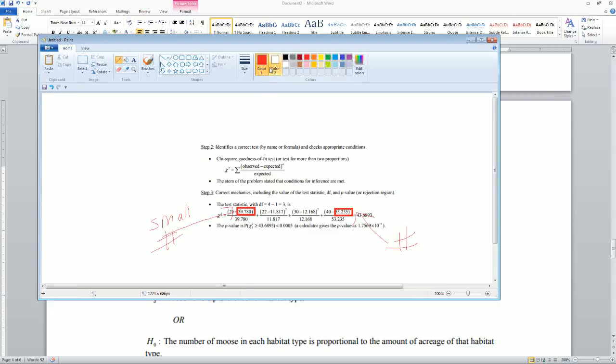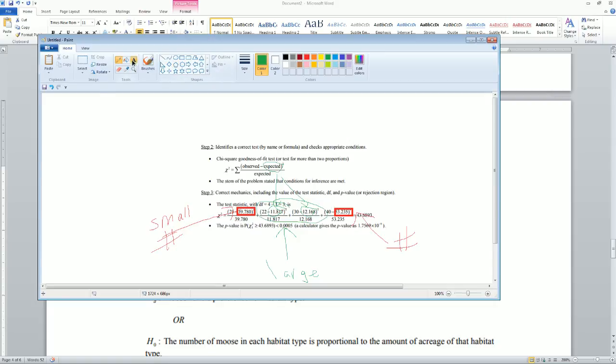But the other ones are going to be large, because the expected value here is so small. Does that make sense? That's why the answer is type 2 and type 3.